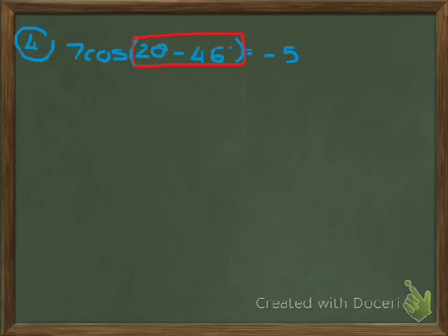So the first thing I want to do is isolate cos of that angle. So we're going to have cos of 2 theta minus 46, and we're going to divide by 7. That's how we're going to get rid of it. That's negative 5/7. Now, that means we have isolated cos with its angle.